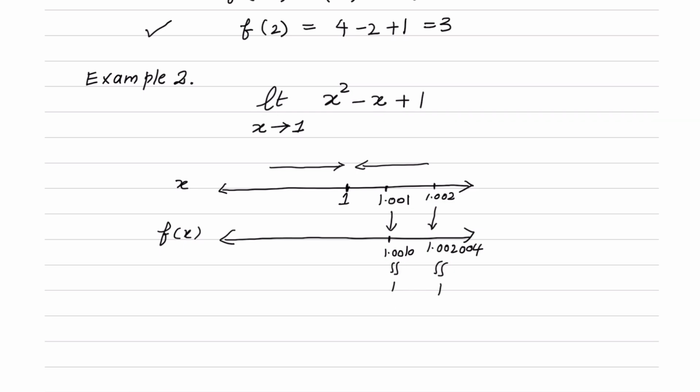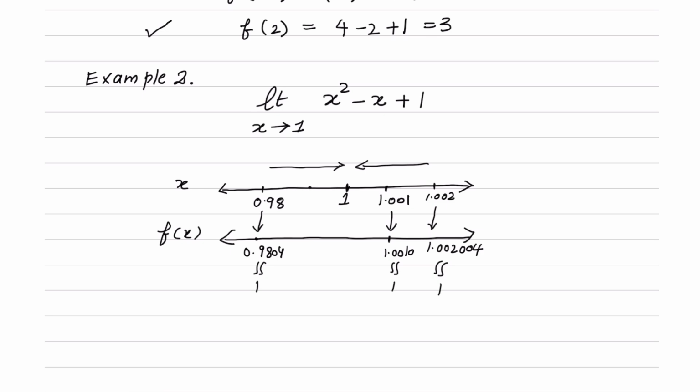Let's get closer to 1 by picking values from the left side of 1. Let's say here we are picking 0.98. When we plug 0.98 in the function x square minus x plus 1, we get the value of the function 0.9804, which is approximately 1.